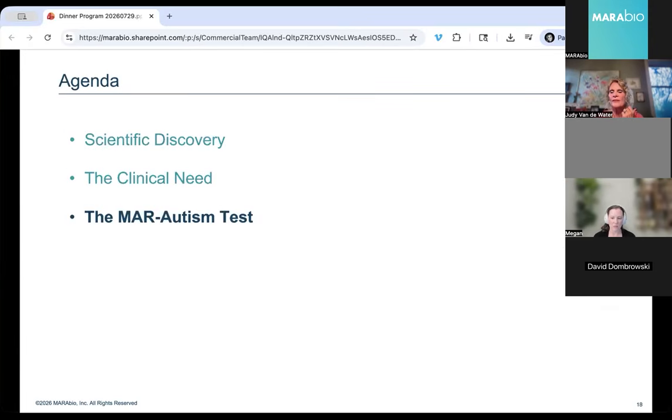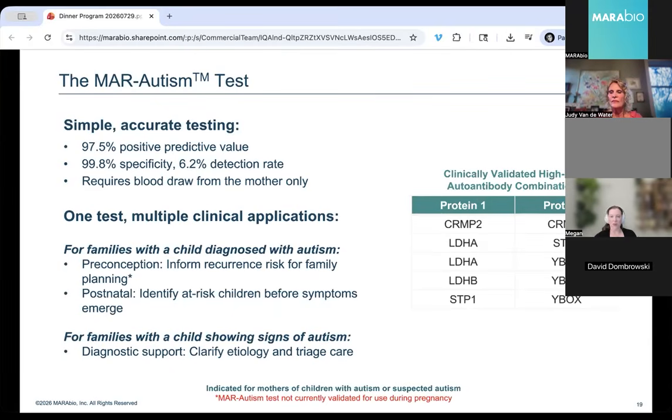So we want to talk about the MAR autism test. Building on the academic studies that Judy described, we undertook our own clinical validity study to demonstrate the performance of this validated test in a CLIA laboratory environment. So from 907 study samples, so patient samples, we demonstrated that there's a clustering of high-risk autoantibody combinations.